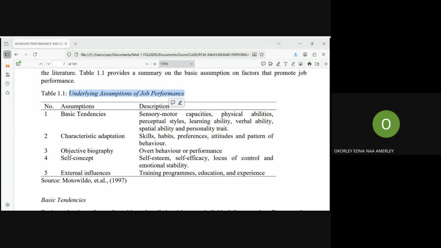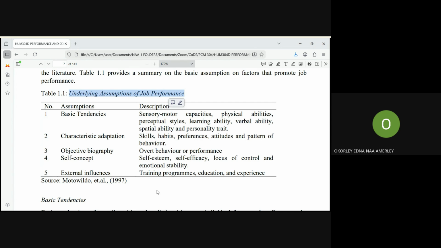So we are looking at Motowidlo because it helps you understand how employees contribute to organizational success in different ways, not just through doing their work. So he is looking at it in terms of the basic tendencies, the characteristic adaptation, objective biography.